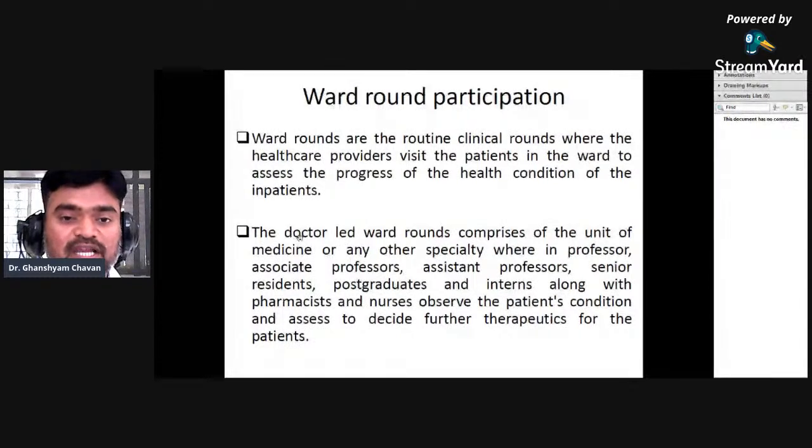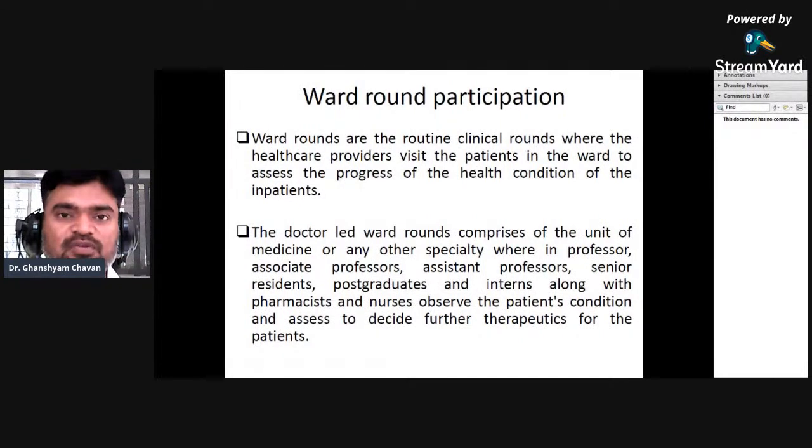Doctor-led ward rounds comprise a unit of medicine or any other specialty, where professors are involved, in case of educational institutes accompanied with hospitals, especially in case of MBBS or BMS.